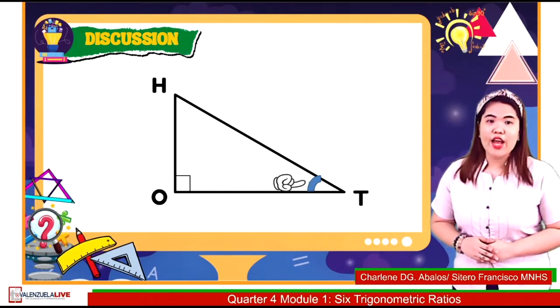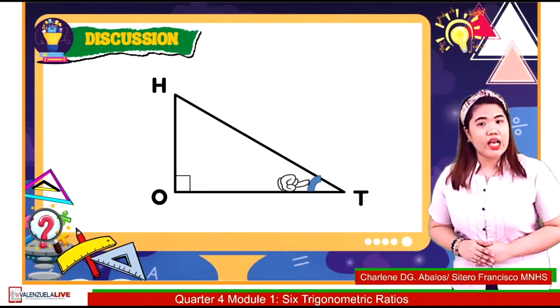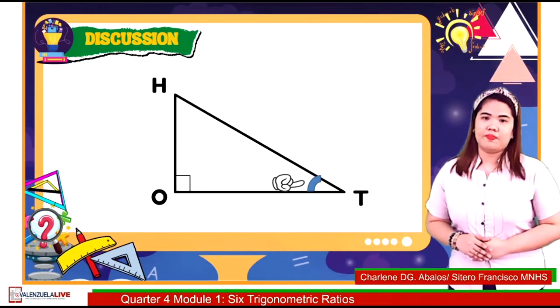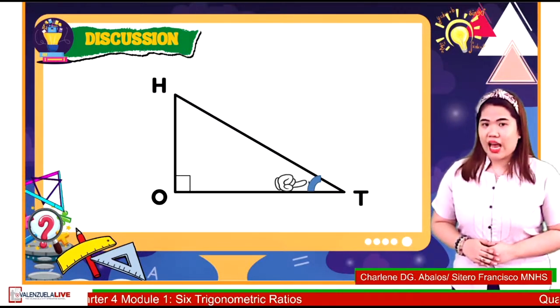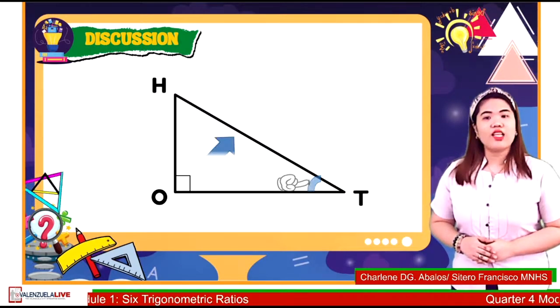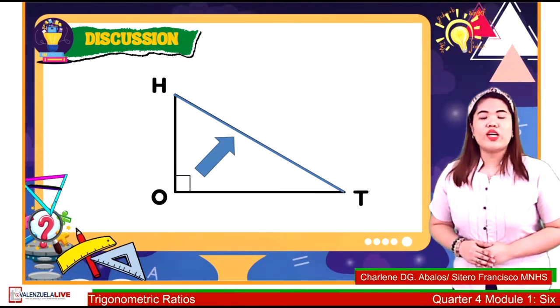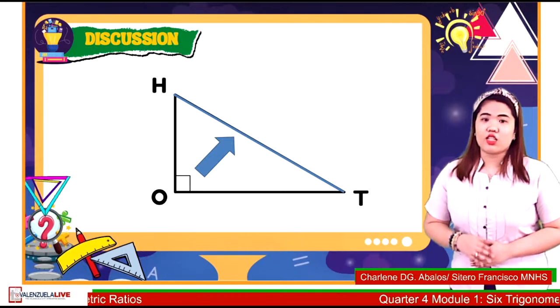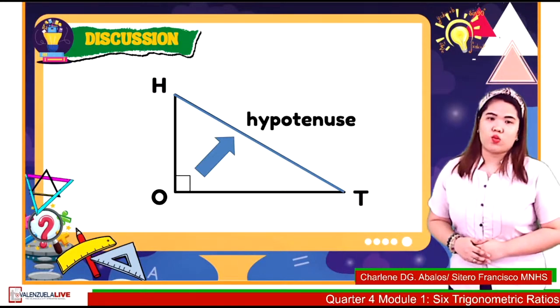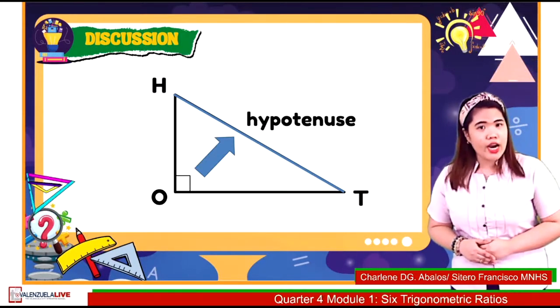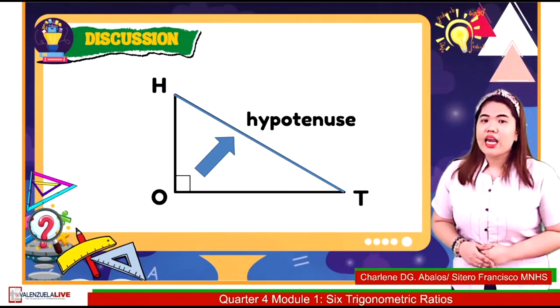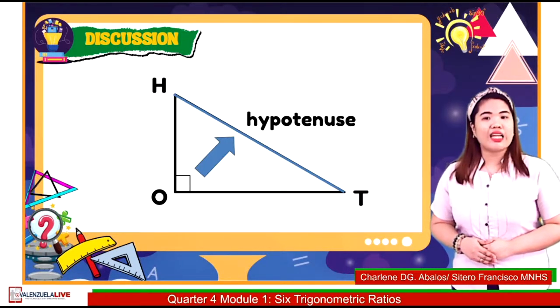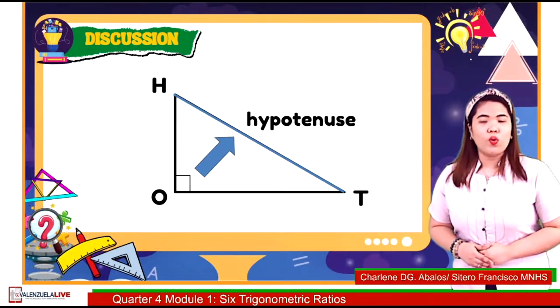Angle T is one of the acute angles in triangle HOT. The longest side and the side opposite the angle O, which is the right angle, is called the hypotenuse. Therefore, segment HT is the hypotenuse of triangle HOT.